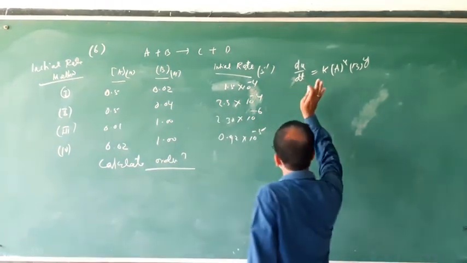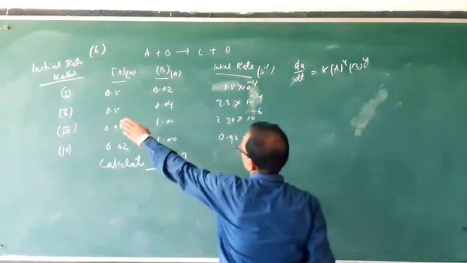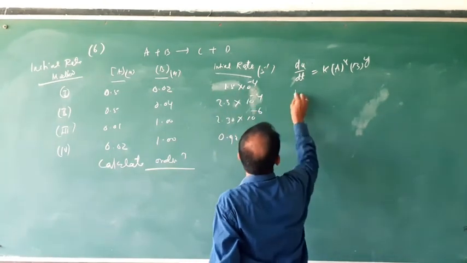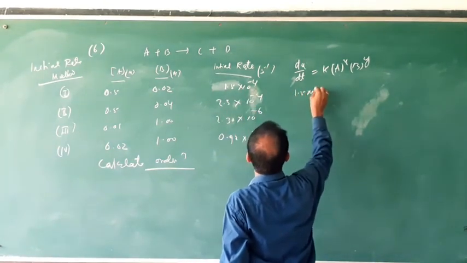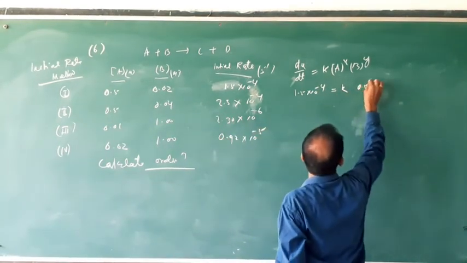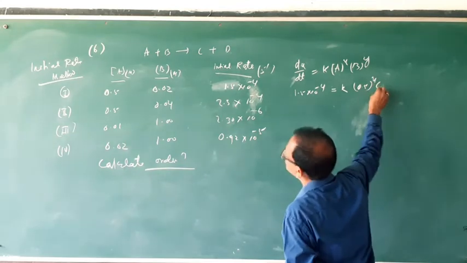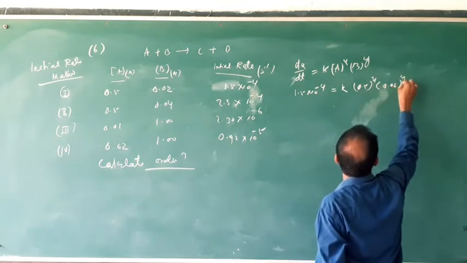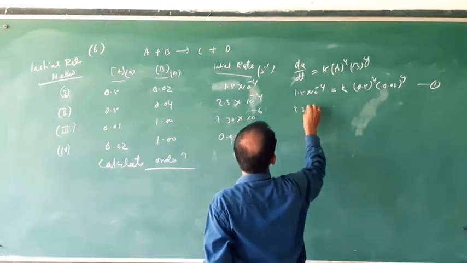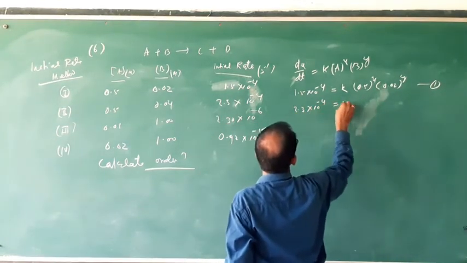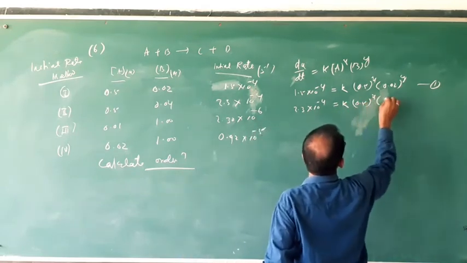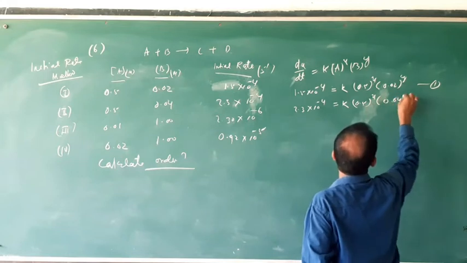So you put these values in this equation: a value, b value, rate given. First data: 1.5 into 10 to the power minus 4 is equal to k, a value 0.5 to the power x and b value 0.02 to the power y. This is equation 1. Then equation 2 is 2.3 into 10 to the power minus 4 is equal to k, 0.5 to the power x and 0.04 to the power y.